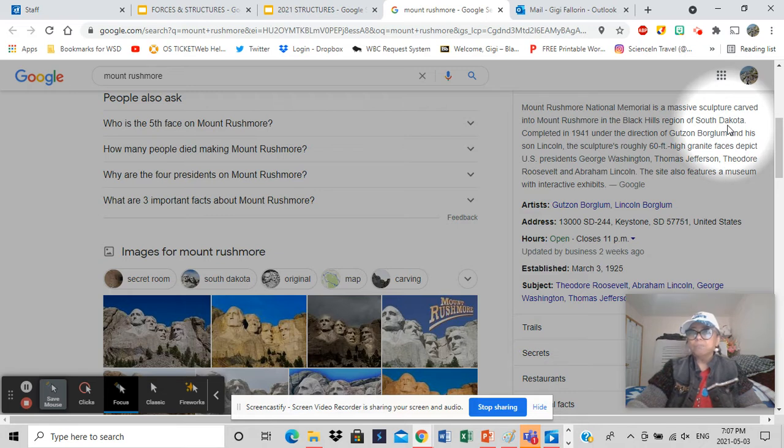So, must be mass structure, right? And you are correct in there. And you get to see the granite faces of 4 U.S. presidents: George Washington, Thomas Jefferson, Theodore Roosevelt, and Abe Lincoln or Abraham Lincoln.